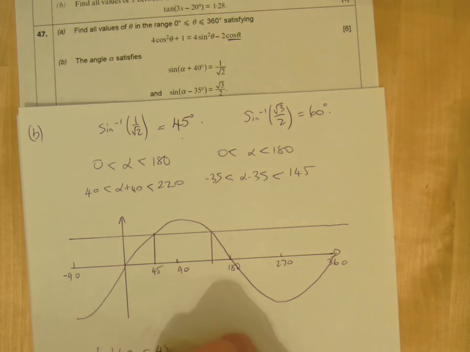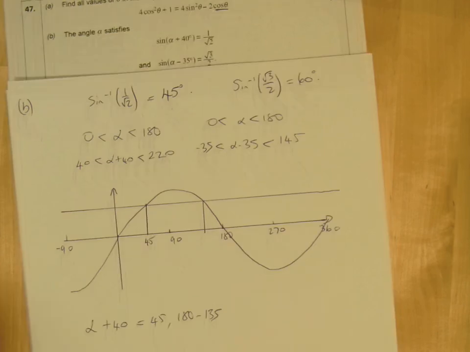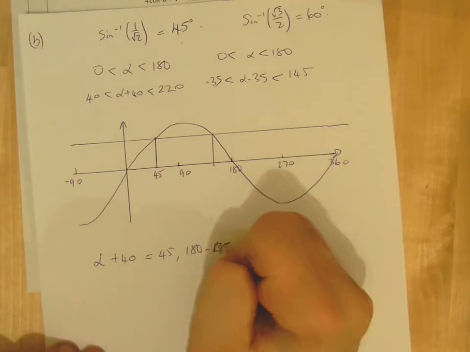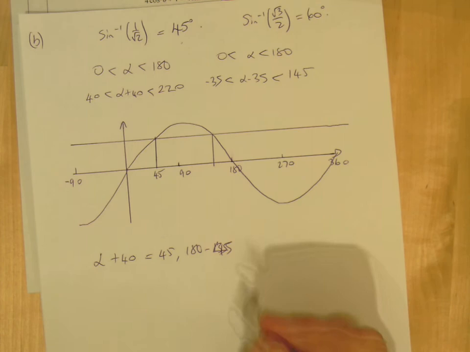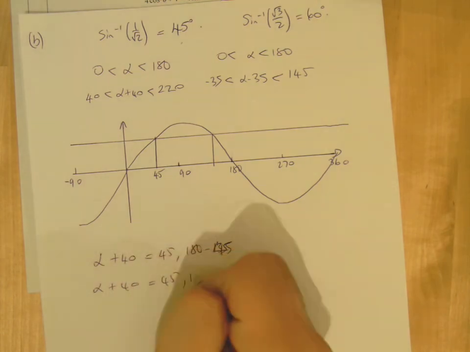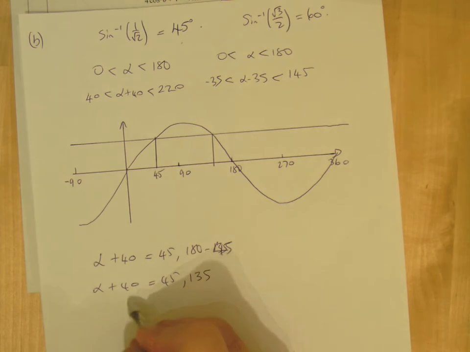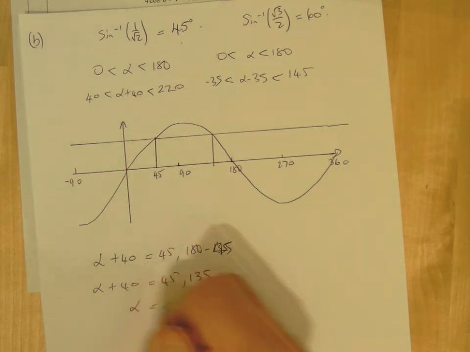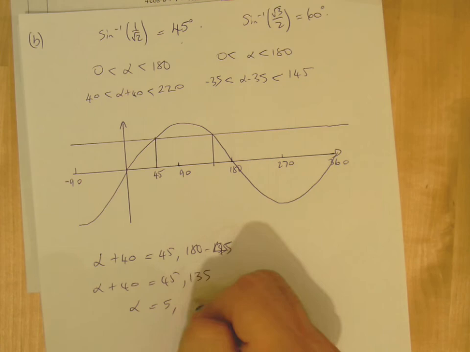So it equals 45, or 180 minus 45, which will be 135. So alpha plus 40 is 45 or 135. So we take that 40 over, you take away, so you get 5 or 95 when I take that away.